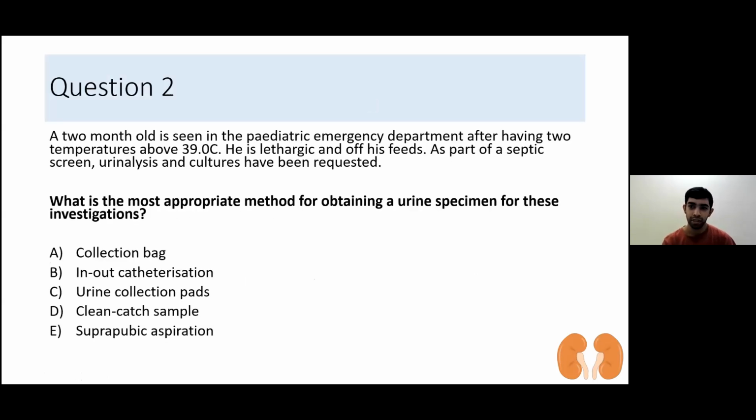Okay, so question 2, so building up now. So we have a 2-month-old in the emergency department and she's had 2 temperatures above 39. And a septic screen has taken place and we've done urinalysis and cultures. So the question is, what would be the most appropriate method for obtaining urine specimen in these investigations?